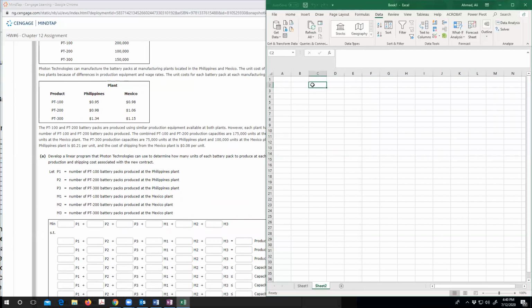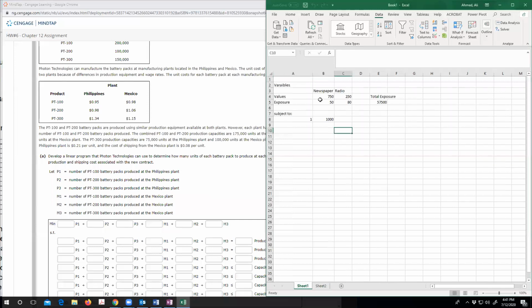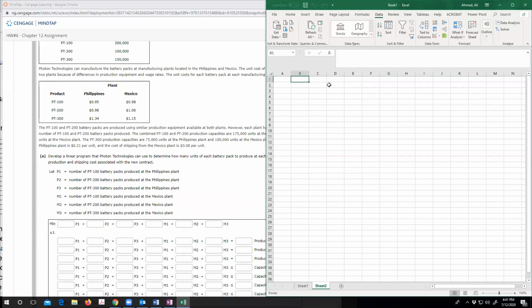So the first thing we should do here is, like we did before, put variables and their different values. Now we have PD 100, PD 200, PD 300.